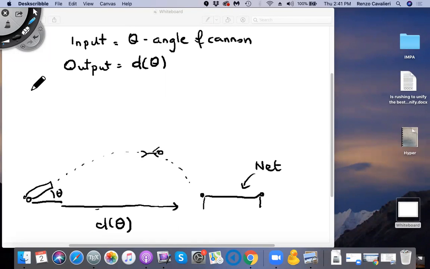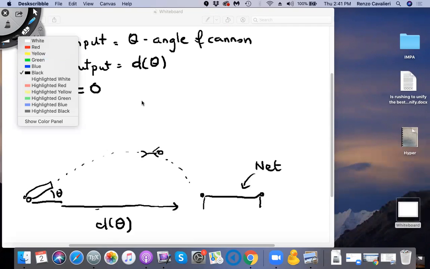So for example, if I give you d of pi halves, that's 0, because if theta is pi halves, then you get shot straight vertically up, and then you fall right back inside the cannon. Don't do it at home.